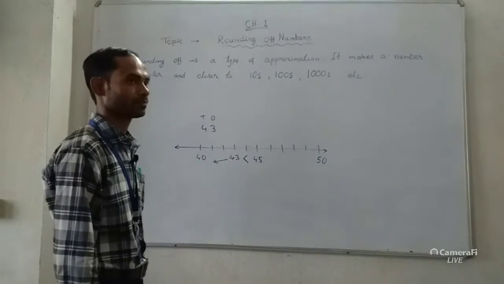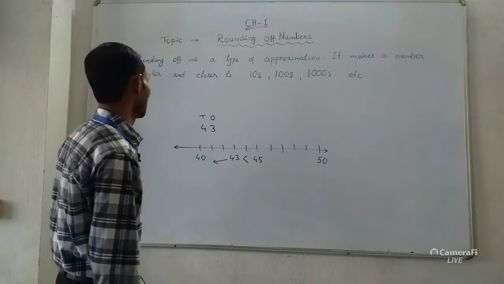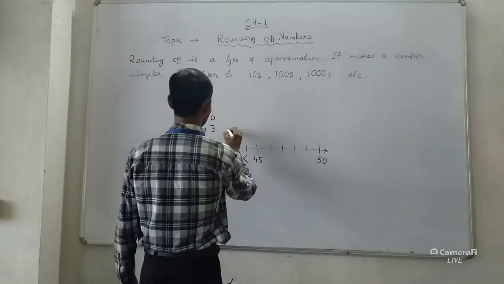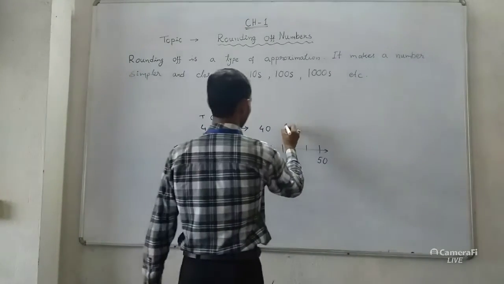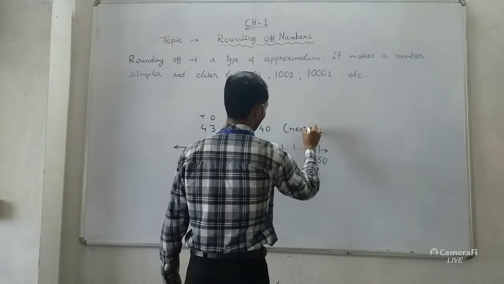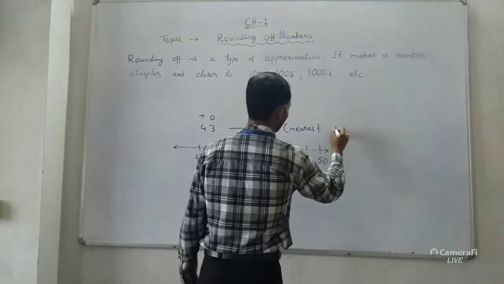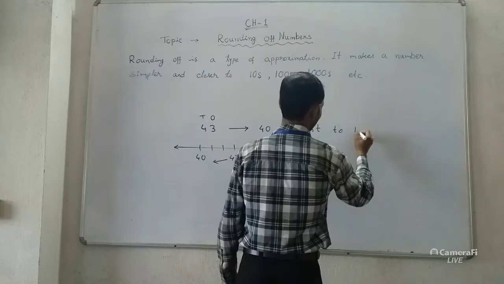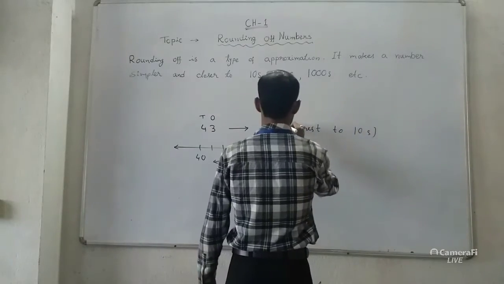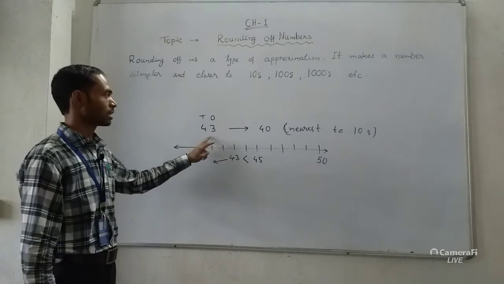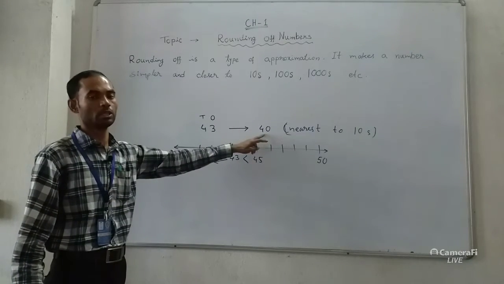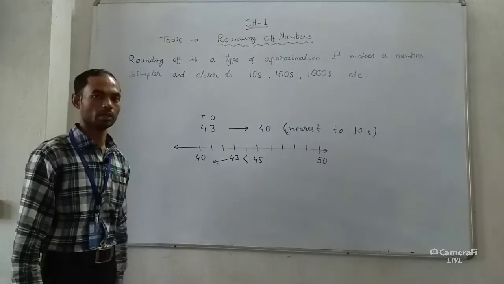Okay. So 43 we get as 40, nearest to tens. So 43 is approximated to 40, or rounded off to 40.